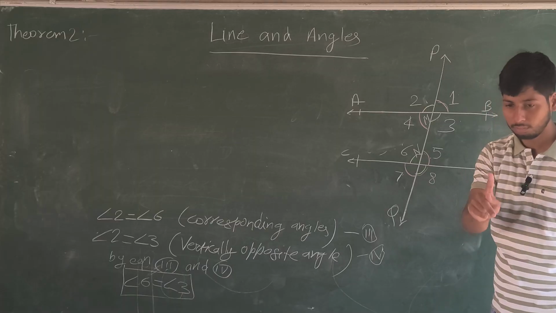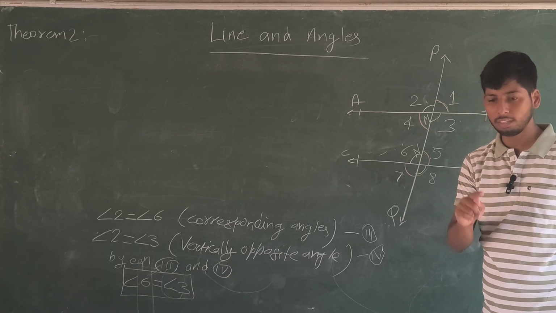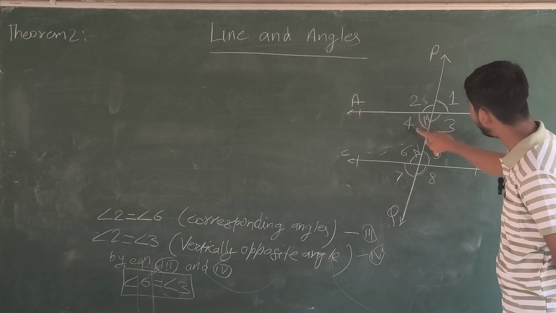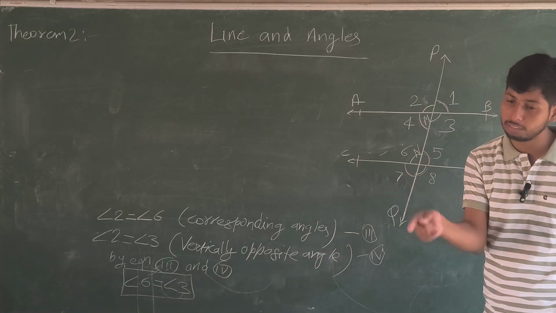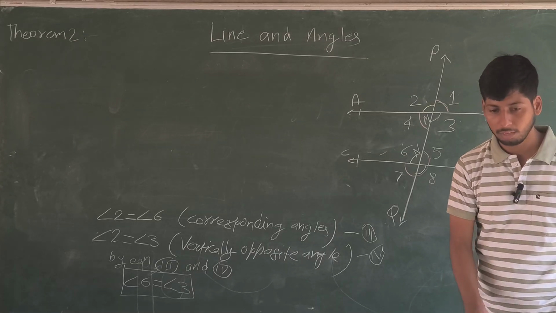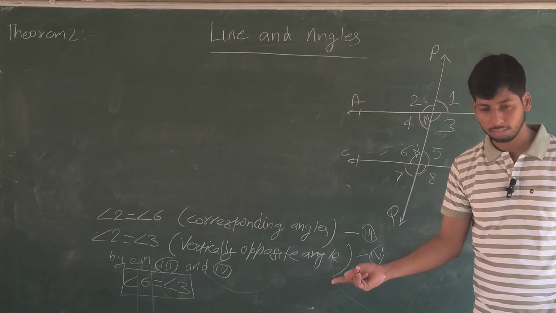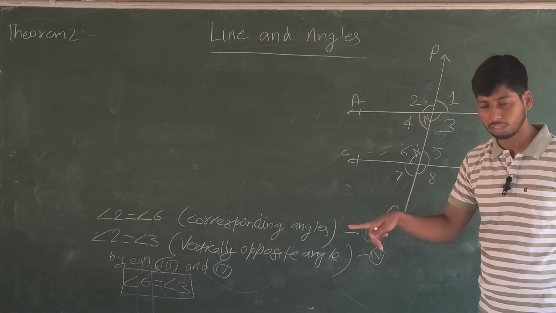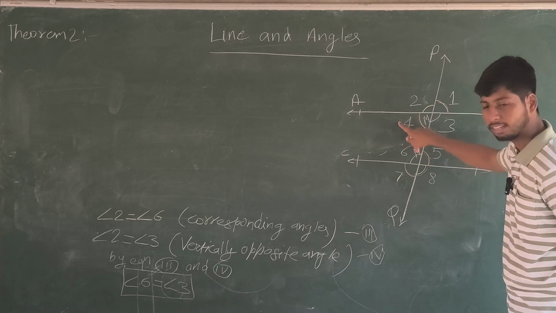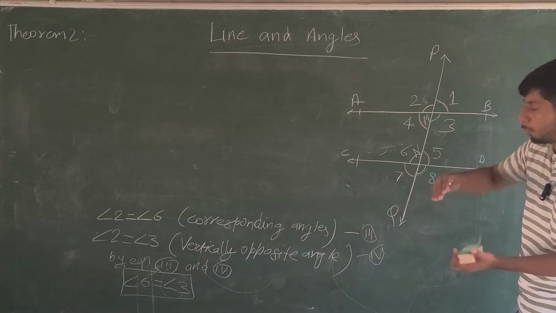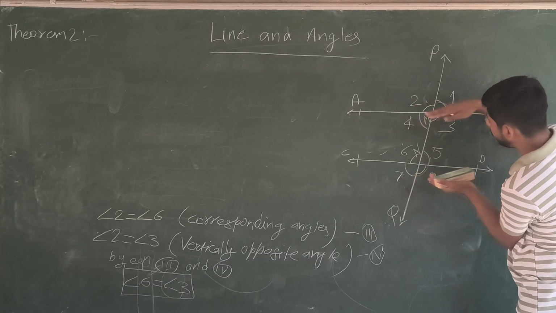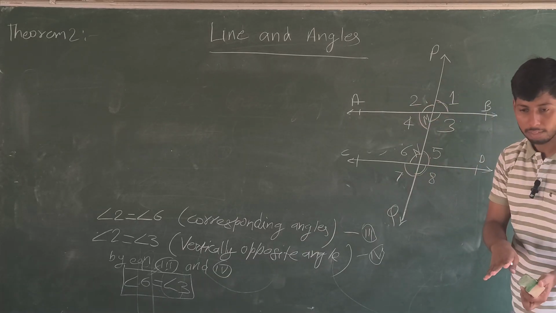Now in the second theorem, angle 4 and angle 5, the alternate interior angles, are already given as equal. Then we have to prove that these two lines are parallel.